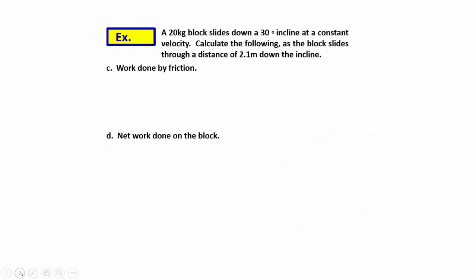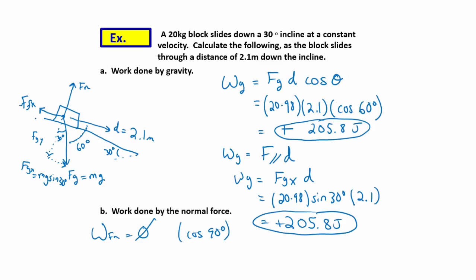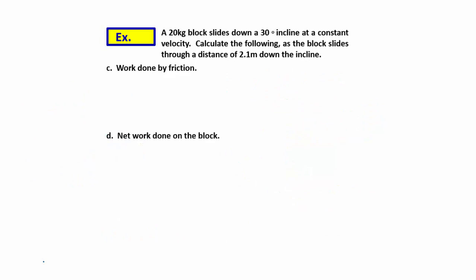All right, the next question says, what is the work done by friction? Taking a look back at that diagram, because we're moving at a constant velocity and the acceleration is 0, we know that the force of friction is going to have to be balanced with that little FGX that we looked at. But the force of friction is acting 180 degrees away from the displacement. So let's take a look at the work done by friction.